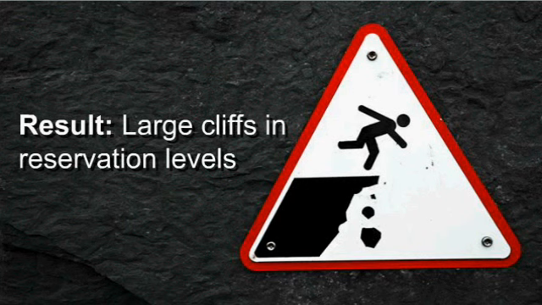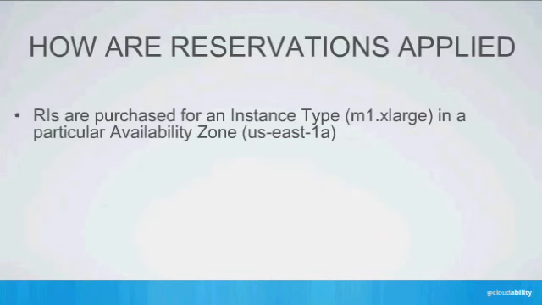So I want to spend just a couple of minutes here talking through how RIs actually get applied, because this is going to form the foundation of how we process our calculations. So RIs are purchased at an instance type level. So it's basically a combination of three different attributes.